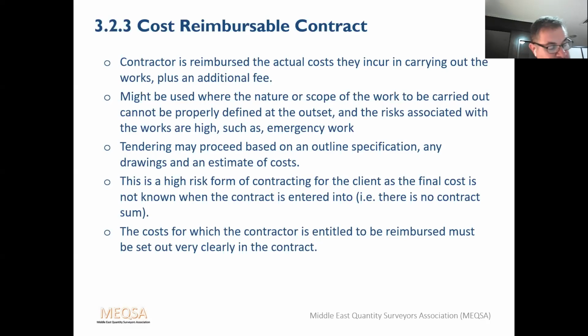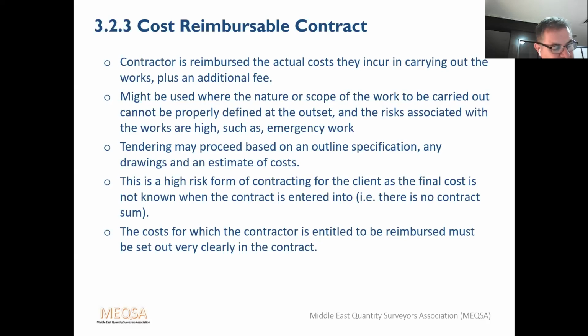The costs are calculated based on the contractor's accounts and other records, which are made available to the client on an open book basis. Now, this can be an issue because the only way that the cost can be accurately valued is if it's a full open book basis. Many contractors are not particularly keen to open up their books to the QS, but it's the only way they're going to get paid everything that they think they're due.